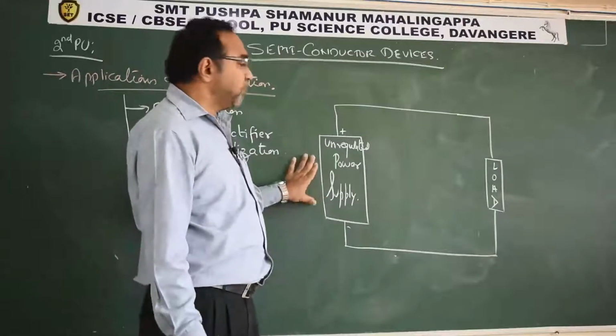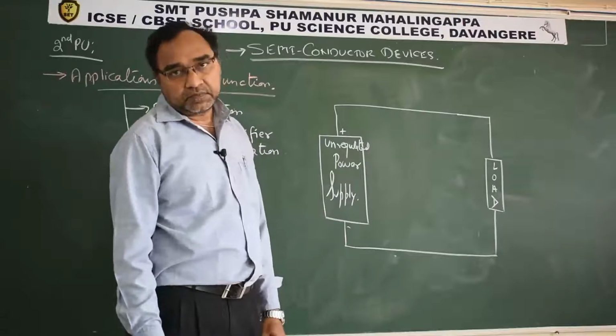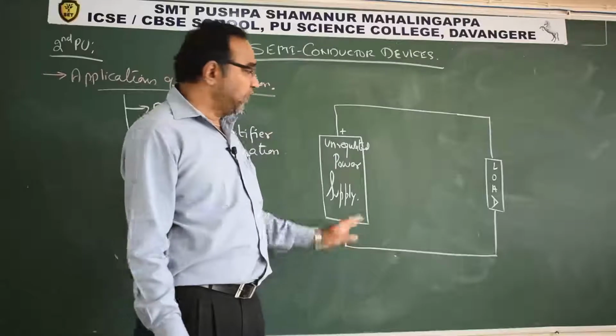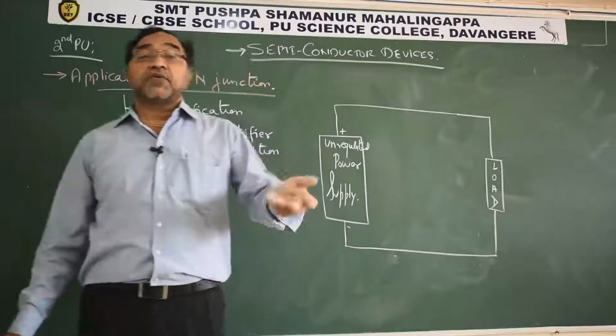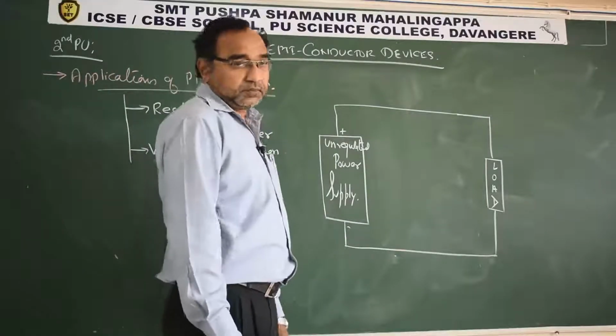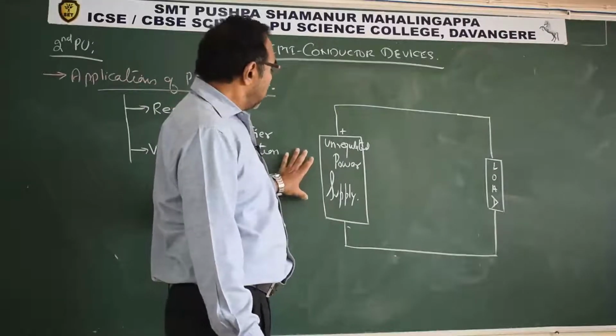If there is a voltage fluctuation here, directly your load, your device, will be affected. When there is high voltage, definitely it will blow off. When there is low voltage, to keep power constant, current increases and the coil will melt off. Both are dangerous. Don't think that low voltage is not dangerous. Now, unregulated power supply.